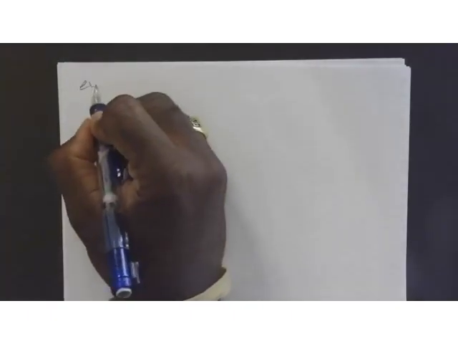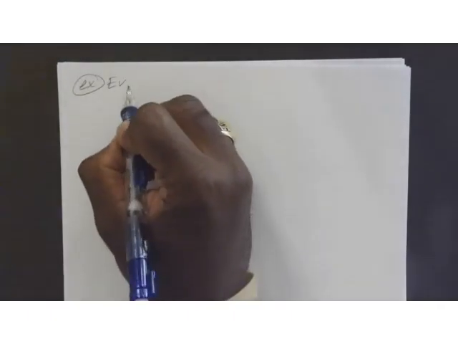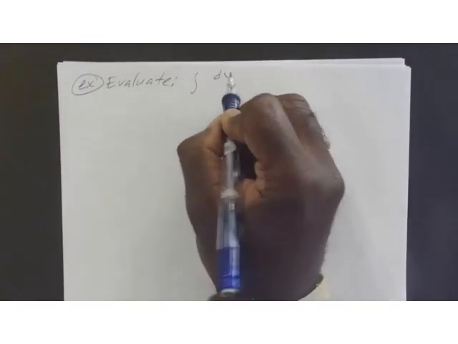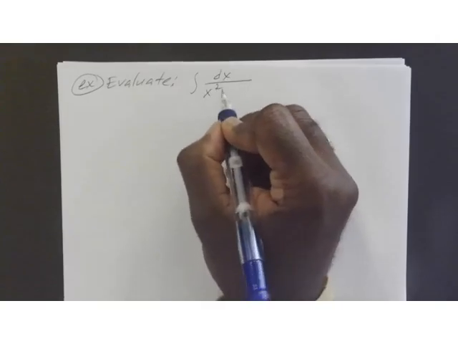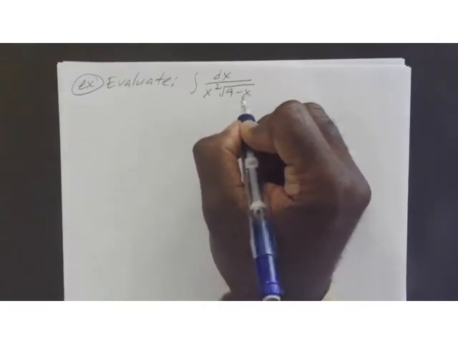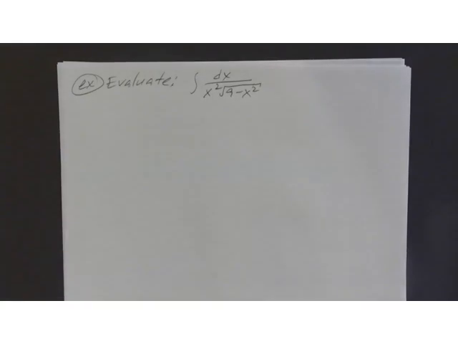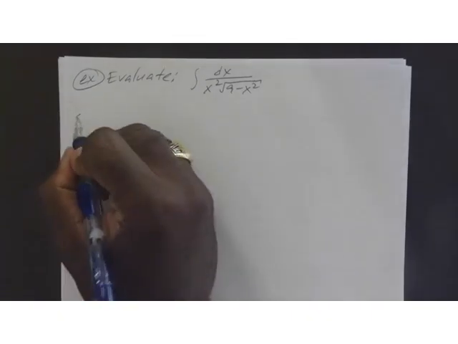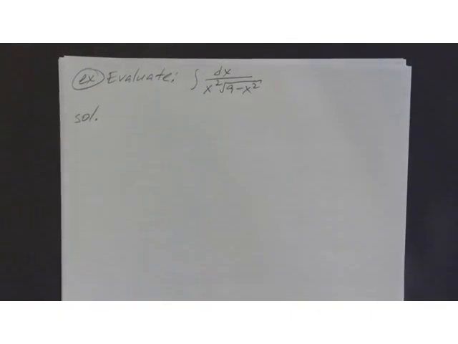Okay, so let's say we wanted to evaluate the integral of dx divided by x squared times the square root of 9 minus x squared. The first thing I would always try is to see if it fits one of the first three formulas.